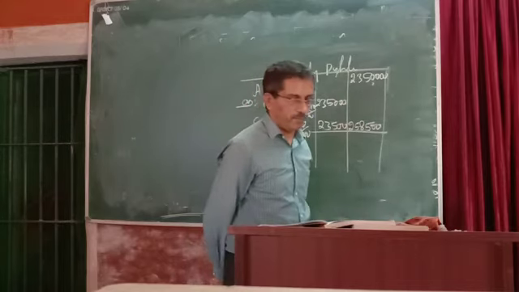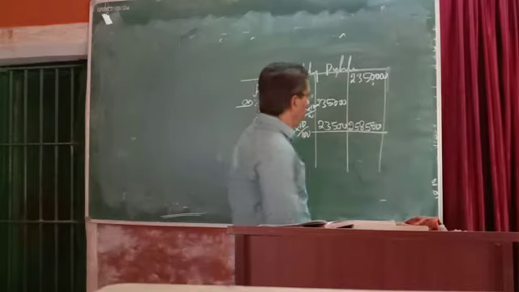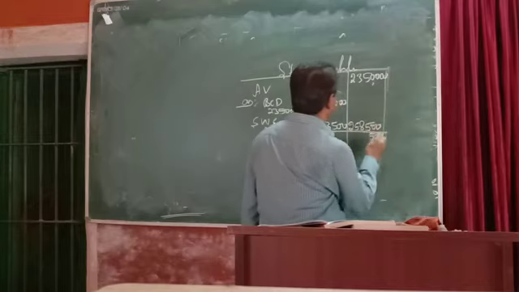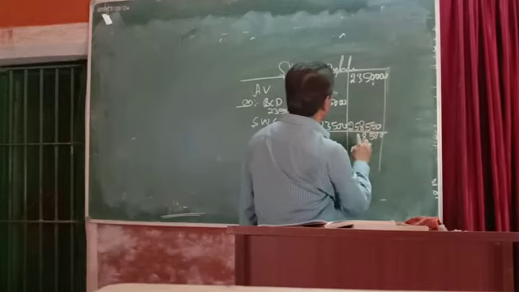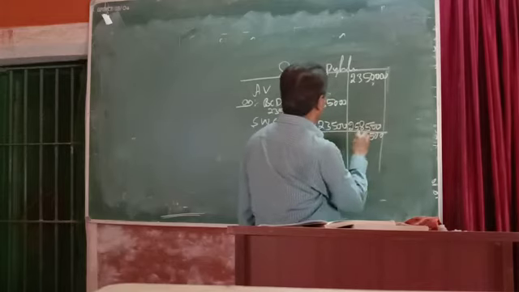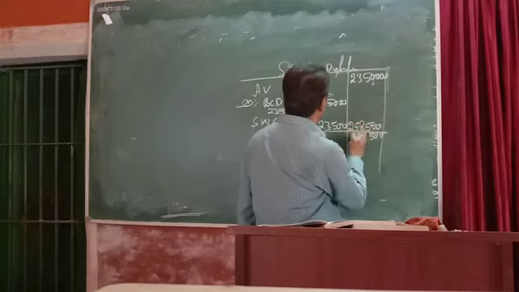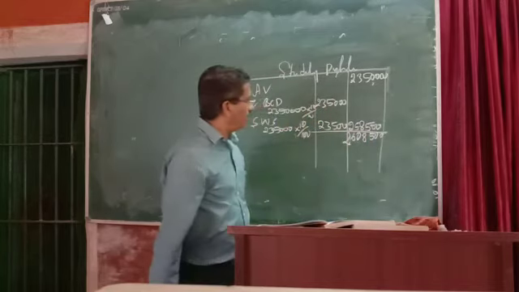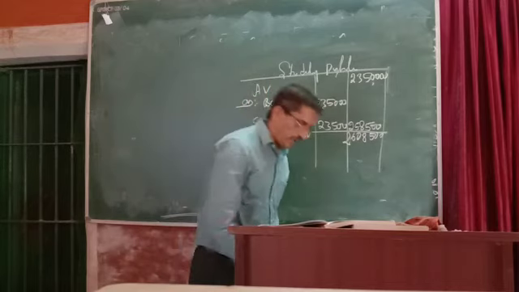Do the total of this should be 23,50,000 plus 2,58,500 and so on. 26 lakh 8,500.